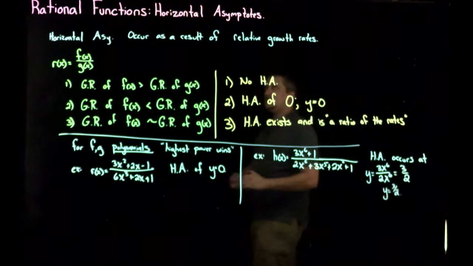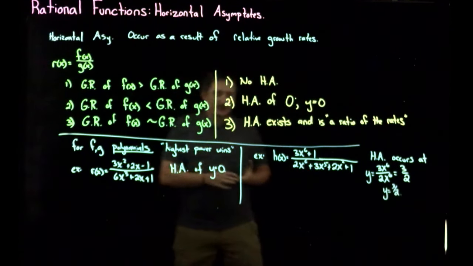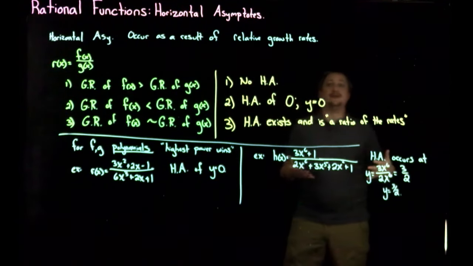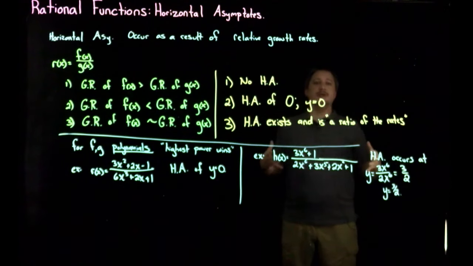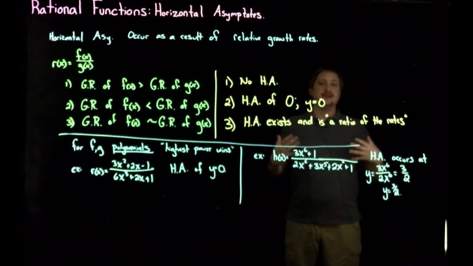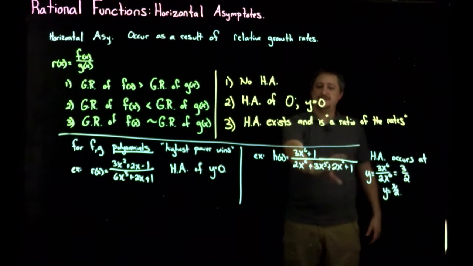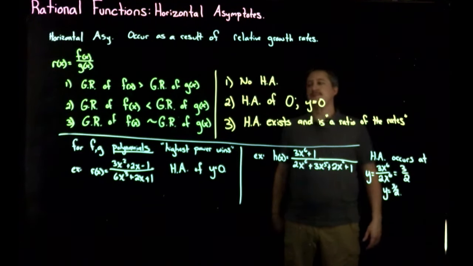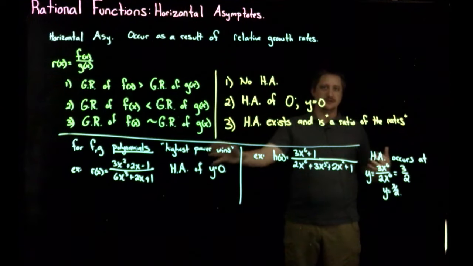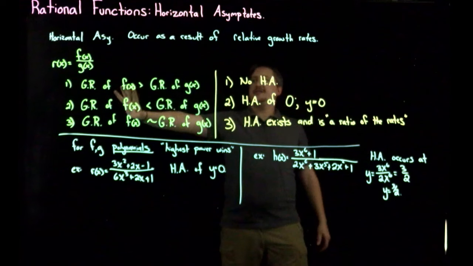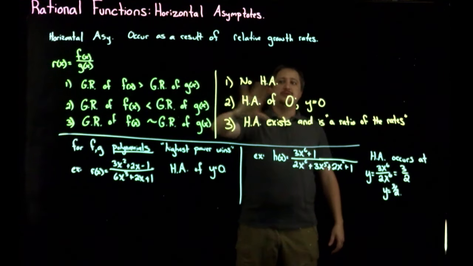Okay? So this is horizontal asymptotes at this level, at pre-calc. But you do a lot more in calculus because you get limits and derivatives, and those are key things to study growth rates, and that's exactly what's happening here. So this bit about the highest power is important, and this is what you'll need to know for exams and quizzes in pre-calc, but it's really this idea that you need for calculus.